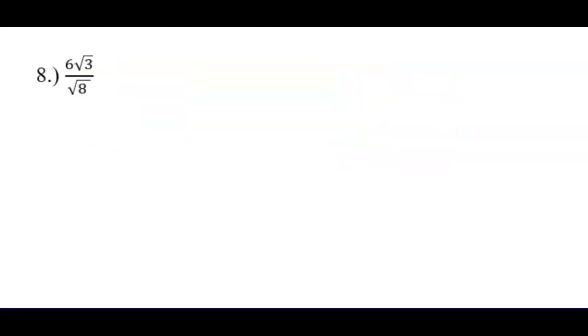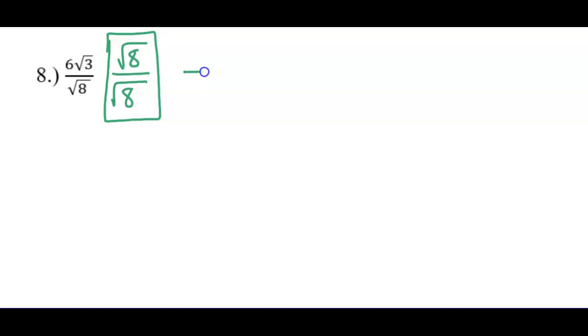This one's a little bit tougher because I've got a square root of 3 on top, but it's not really. It'll be okay. We just have a few extra steps to get into standard radical form. So what am I going to multiply this by? What's my giant 1 going to say? I'm hoping you said square root of 8 over square root of 8.